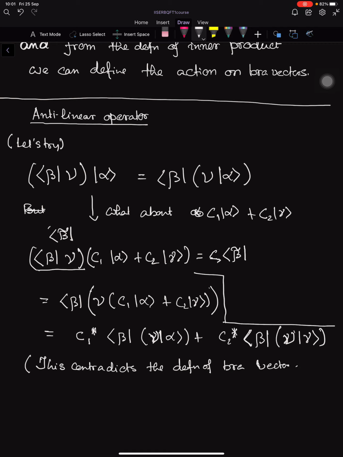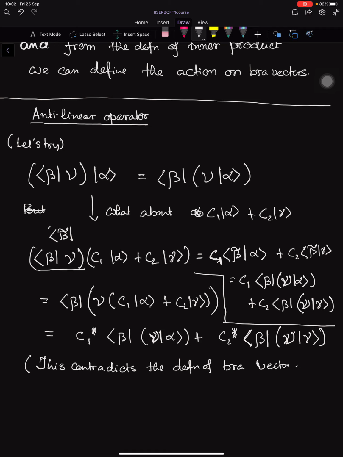So this should be C1 beta tilde alpha plus C2 beta tilde gamma, which you can again, using the definition, show is the same as C1 beta V acting on alpha plus C2 beta V acting on gamma.